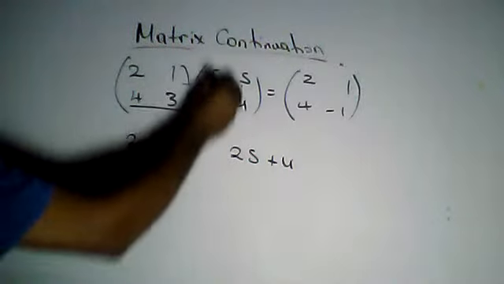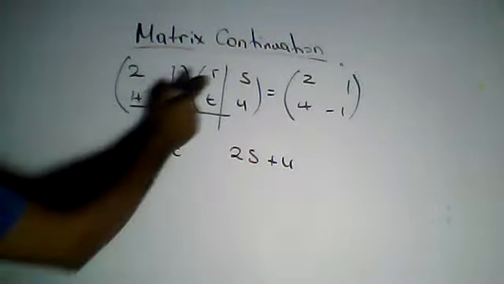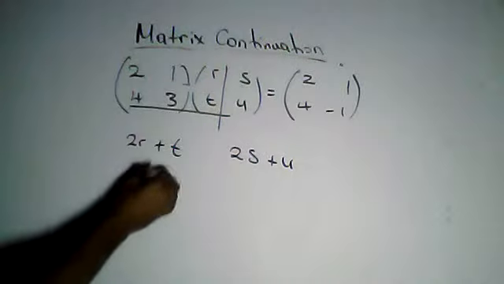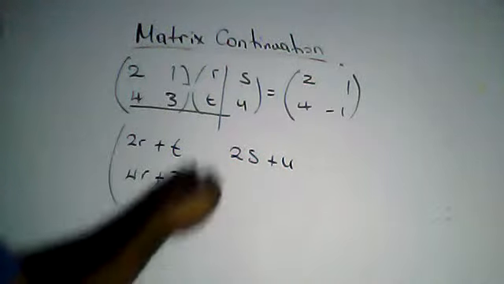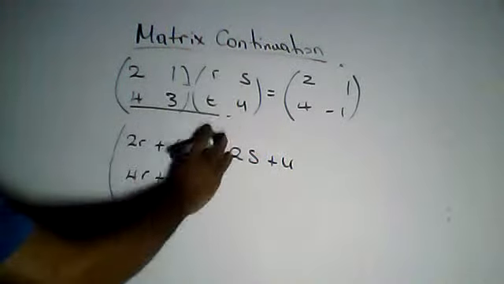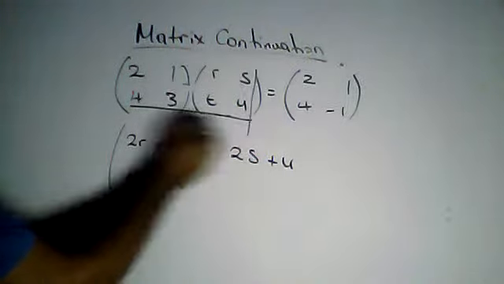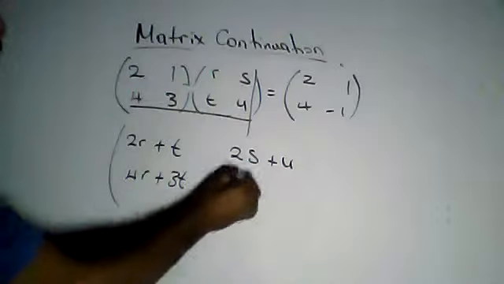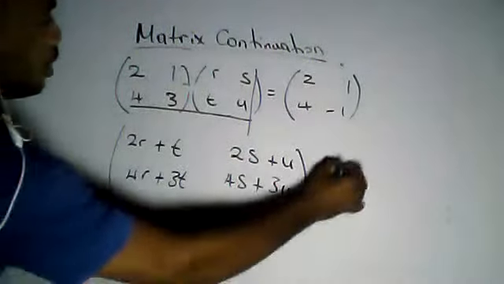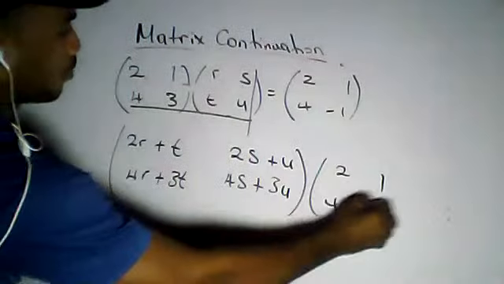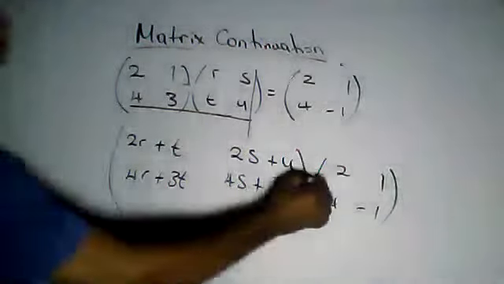So move on to second row, first column. 4 times R is 4R, plus 3 times T would be 3T. And second row, second column: 4 times S would be 4S, plus 3 times U would be 3U. And it would be equal to 2, 1, 4, minus 1.